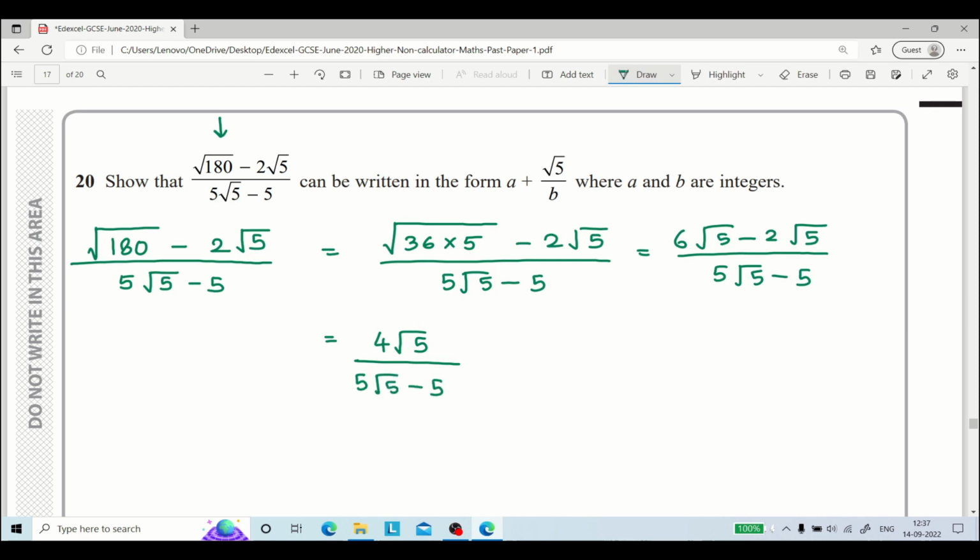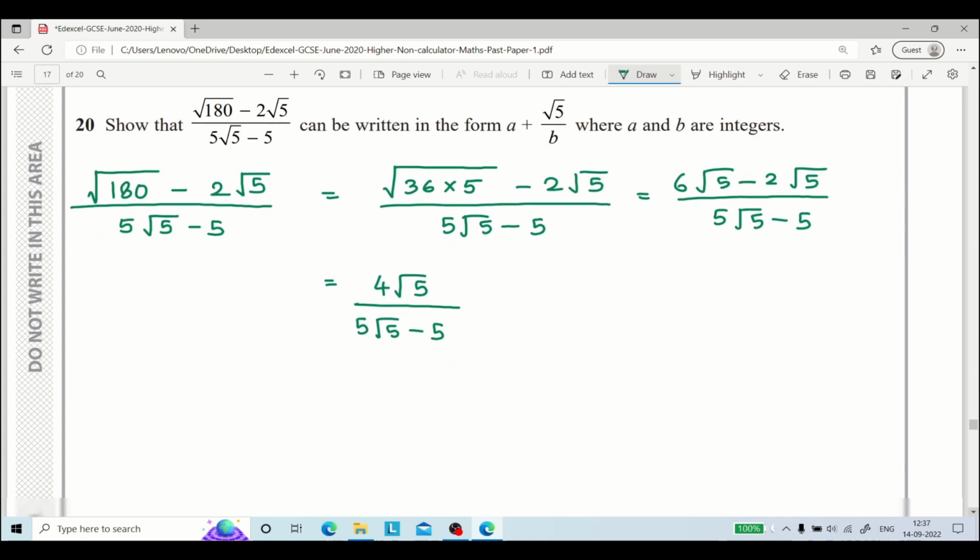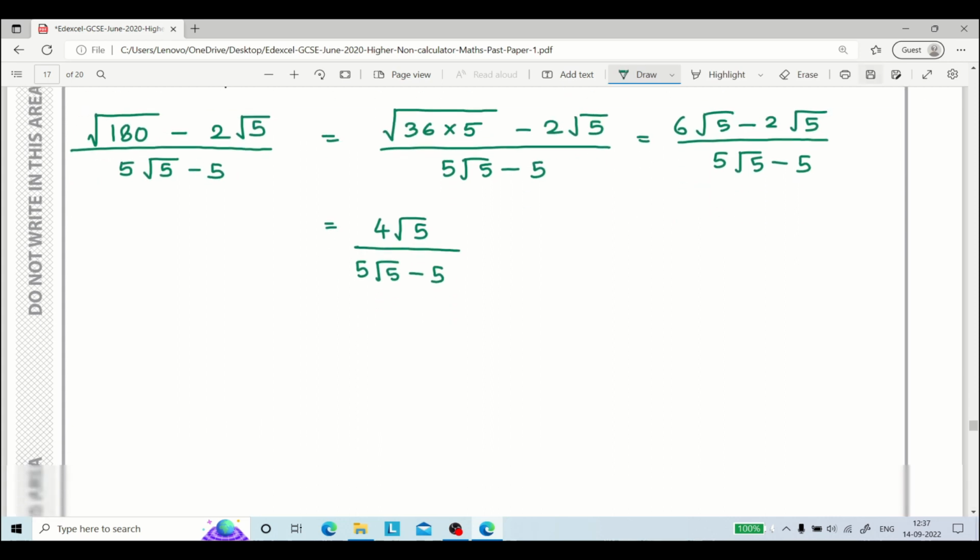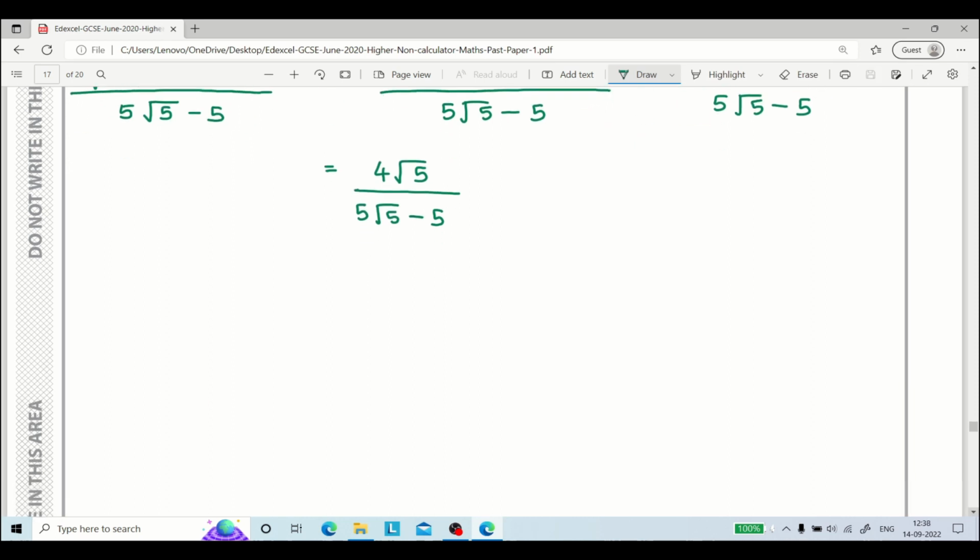We cannot do anything in the denominator right now. Please remember that whenever you have a radical sign in your denominator, you always have to rationalize the denominator.